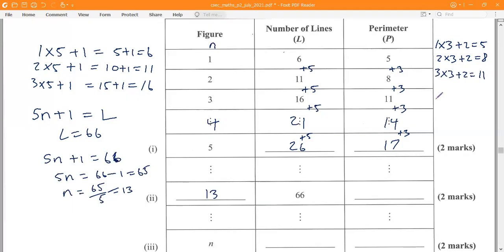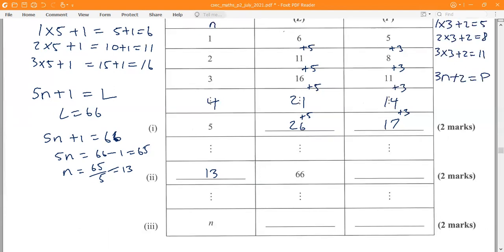So it seems that we are taking 3 times the number in the first column, and then adding 2. And that gives us capital P, which is the perimeter. So if we want to get the perimeter P, we say 13 times 3 plus 2, which would be 39 plus 2, which is 41. So we have 41 here.